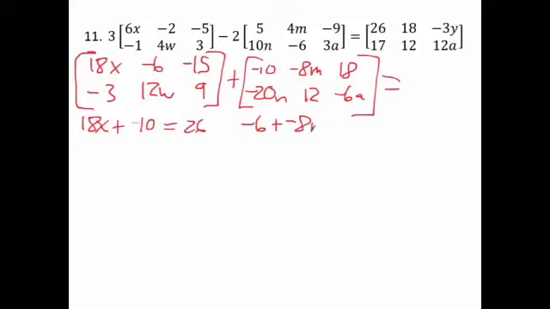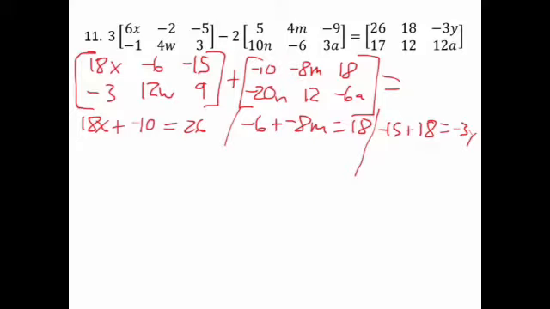Man, my m's. And then my next equation, -15 plus 18, is going to equal the -3y part there. I'm going to give myself a little bit of room. -15 plus 18 is going to equal -3y.